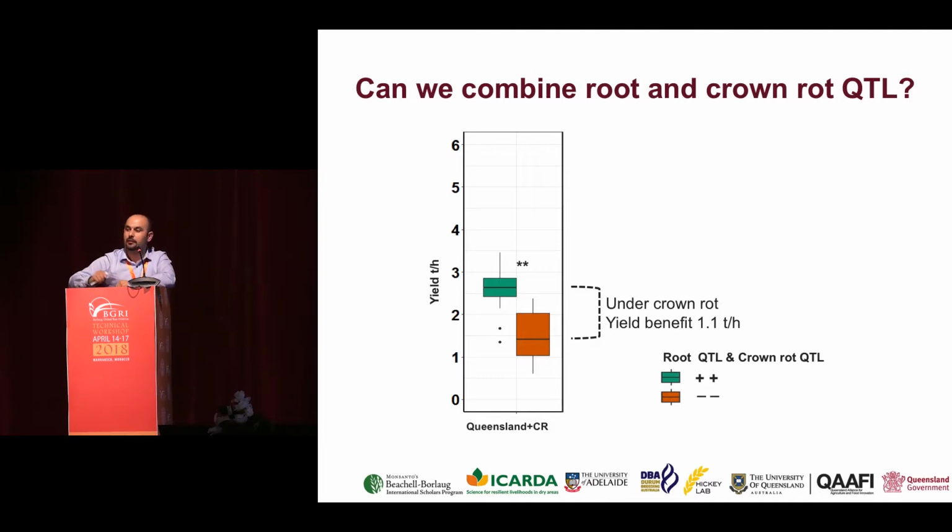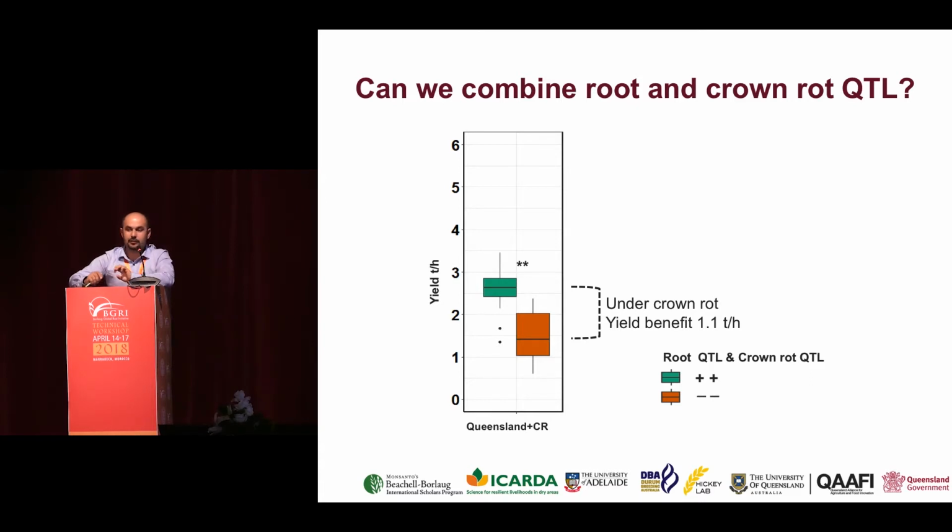The most exciting part of this research was when we looked at very closely related individuals that were segregating for both our QTLs, the crown rot QTL and the root angle QTL.